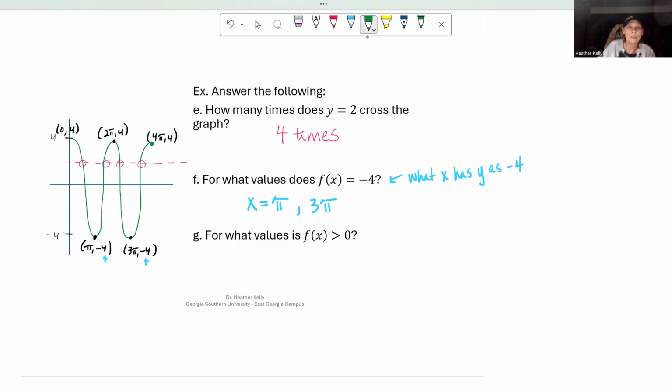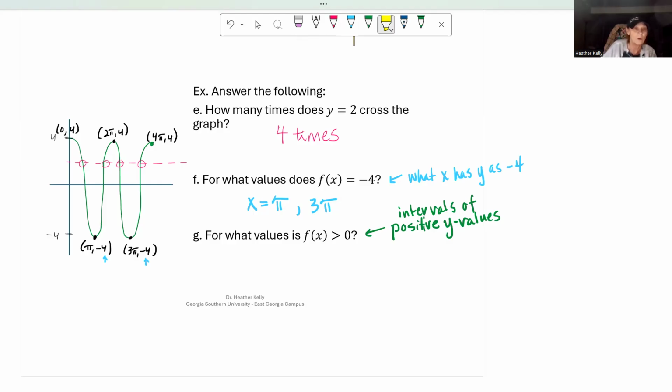Now the next one here says, for what value is f of x greater than 0? And what that asks for is positive y values. In fact, it's asking for the intervals of positive y values. Where are the y values positive and where are the y values negative?